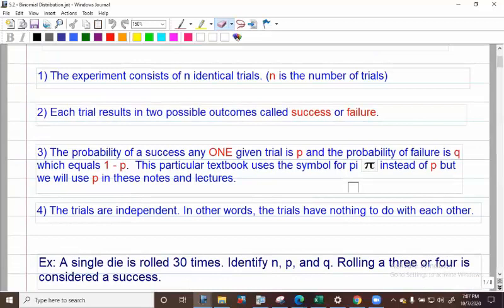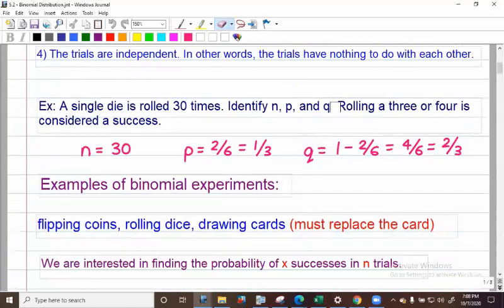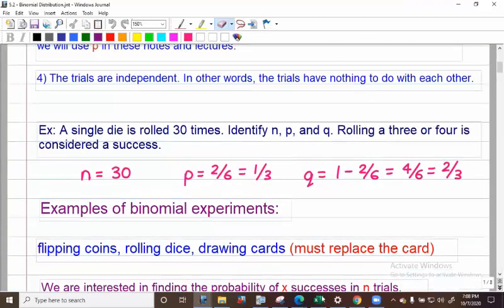And the last condition is the trials are independent. One trial would have nothing to do with the next trial. So things that are independent are like rolling dice and flipping coins. Now, some things would need replacement to come into play, like this: drawing cards is not binomial unless you replace the card and have the full deck in there every time.